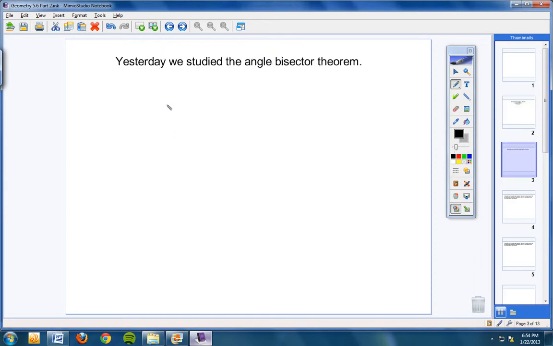Okay, let's review what we looked at yesterday. You do not need to write this down unless you want to. Just sit back and relax. We studied the angle bisector theorem yesterday, and what we said is if we had an angle like this, and then we had a ray come out of it and bisect it like this, of course if that line bisects the angle, that means this angle here is congruent to this angle here.